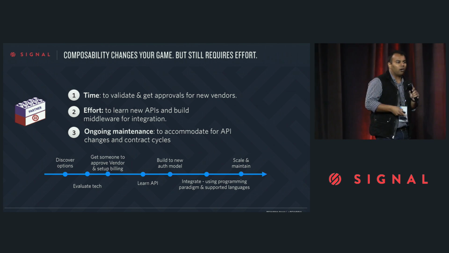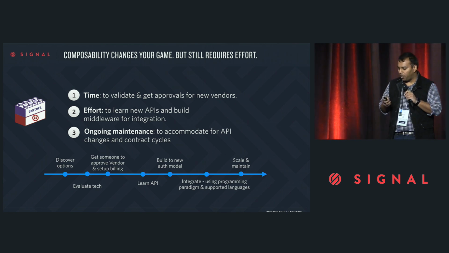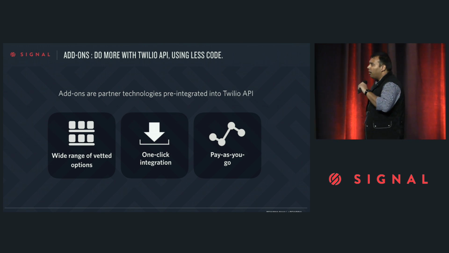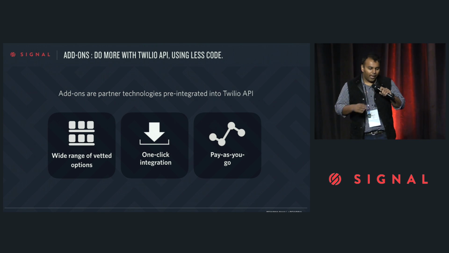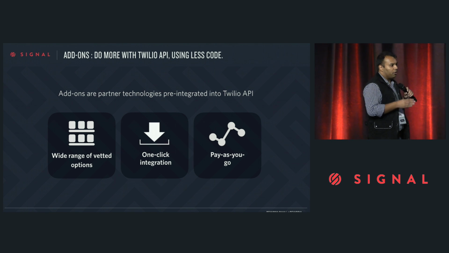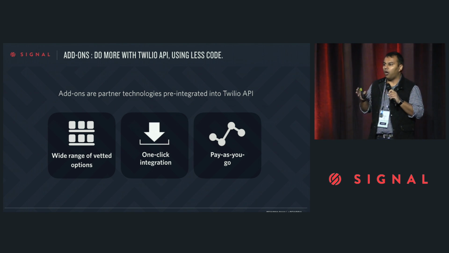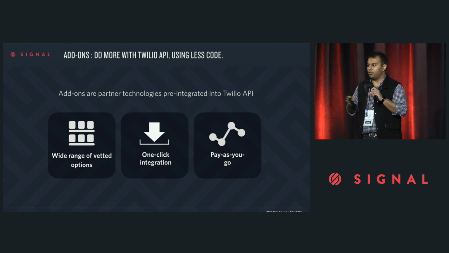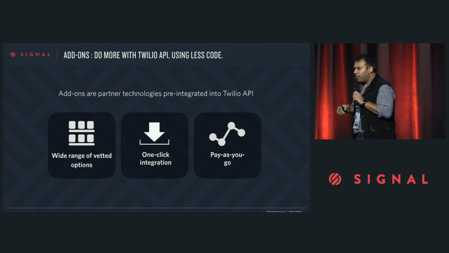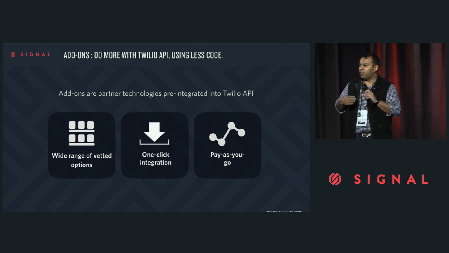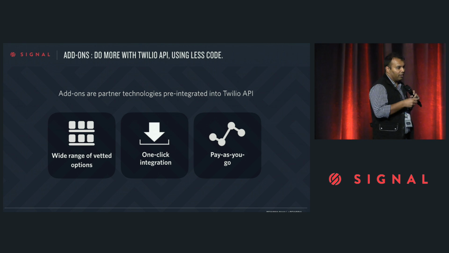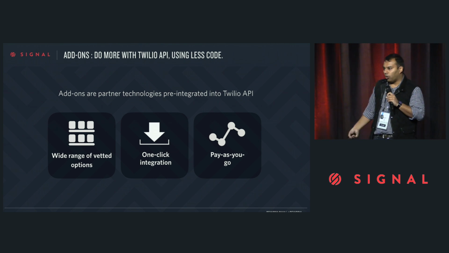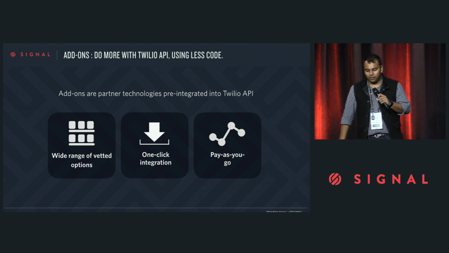And our goal with add-ons was to try and simplify a lot of that process. So what are add-ons? Add-ons are pre-integrated partner technologies that you can use along with the same Twilio API that you use today. There are a wide range of add-ons from a variety of technology partners that are available in the console that you can log in, and we'll walk through that in a little bit.